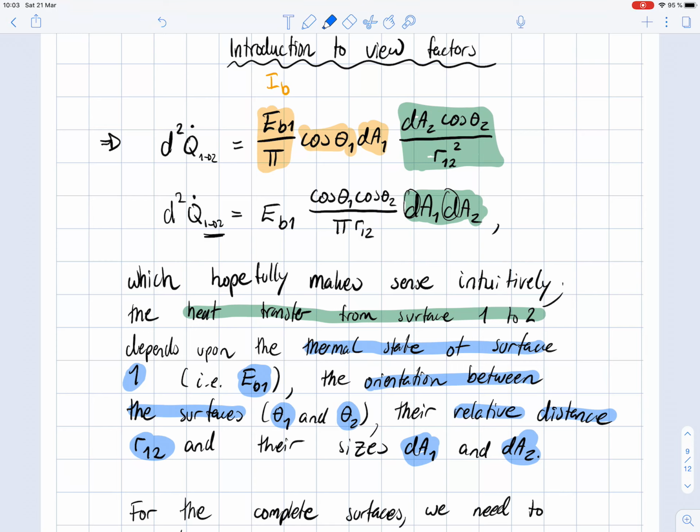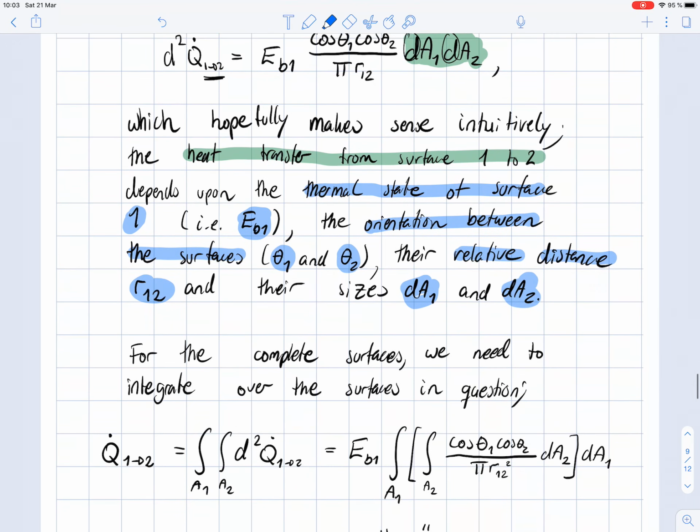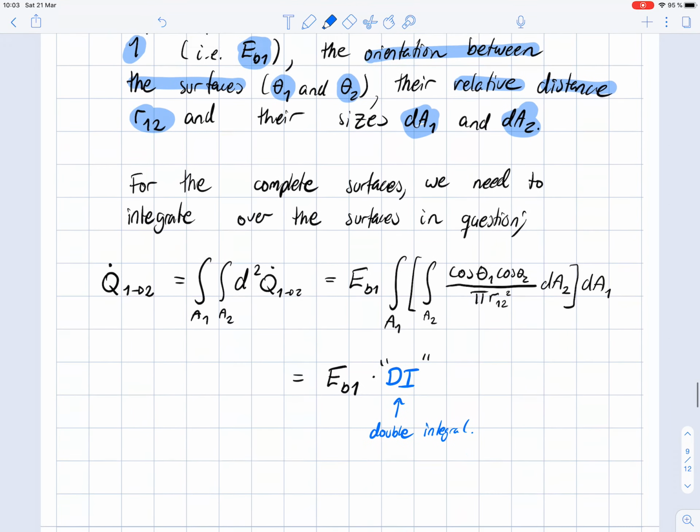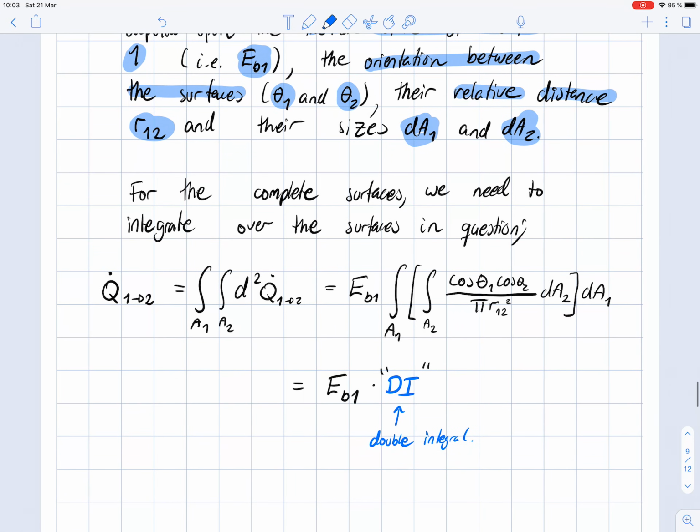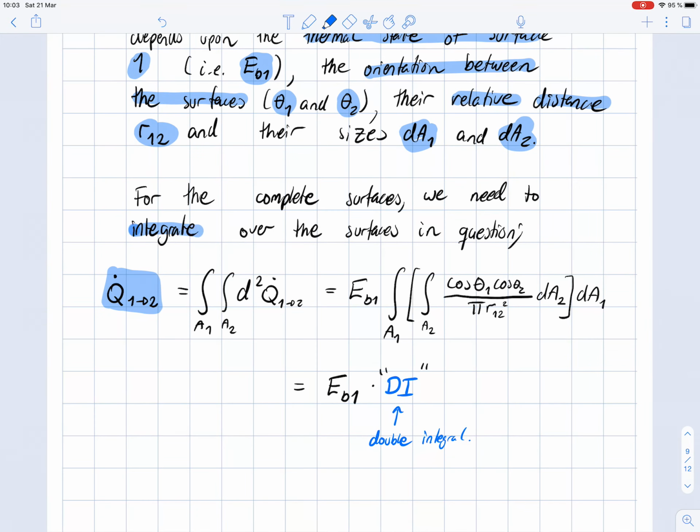So the formula appears to include all of the factors that should be of relevance. Now, if we want to determine the actual heat transfer rate and not just the double differential, we need to integrate over the surfaces in question.